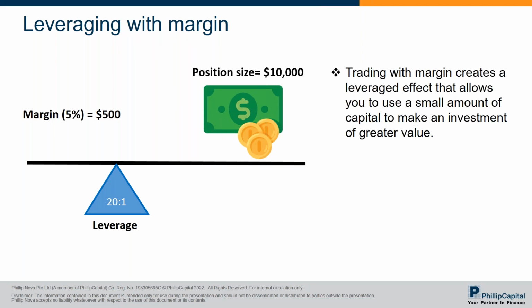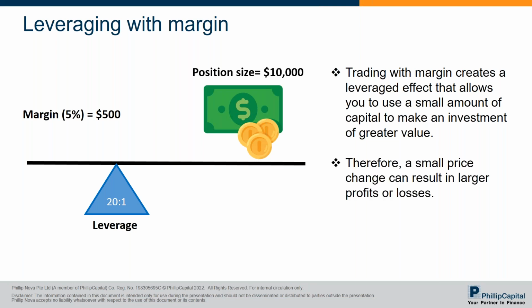It creates a leveraged effect that allows you to use a small amount of capital to make an investment of greater value. Therefore, a small price change can result in a larger profit or loss. So it is very important to be aware that this is a double-edged sword.